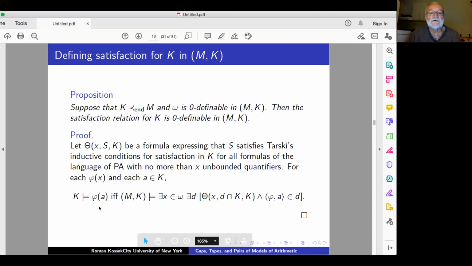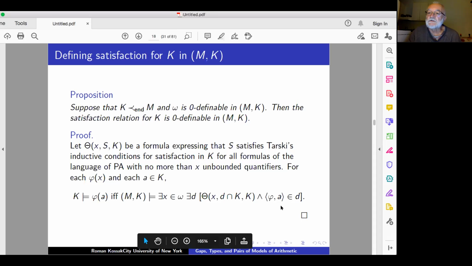And then something will be true in K whenever in the pair there is some code D, and you want D to code this satisfaction relation. This is: D codes Sigma X truth for K in M. And then you say that the pair phi, A is in D. So this D decides that phi of A is really true, and this will happen if and only if phi of A is really true.